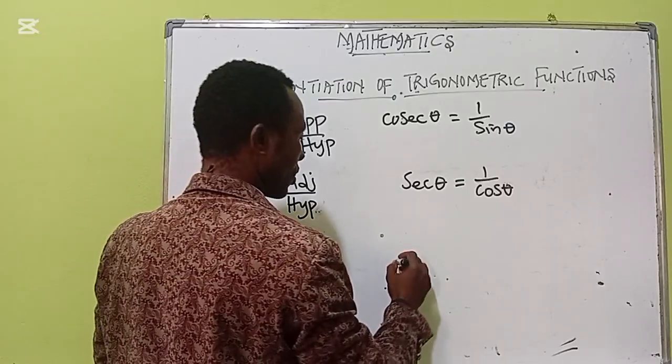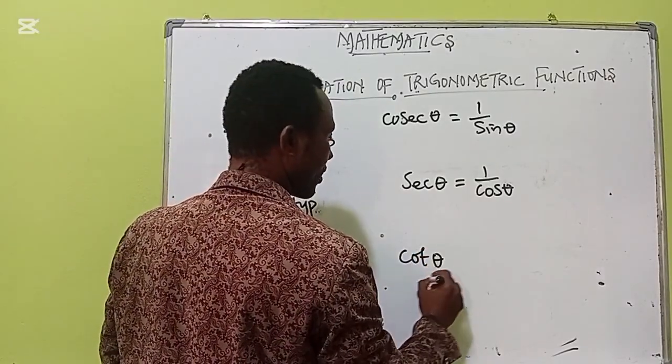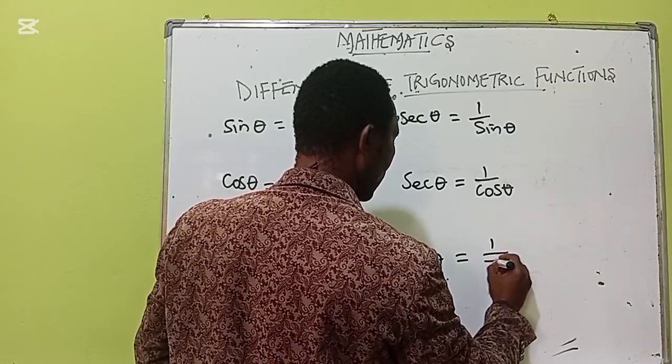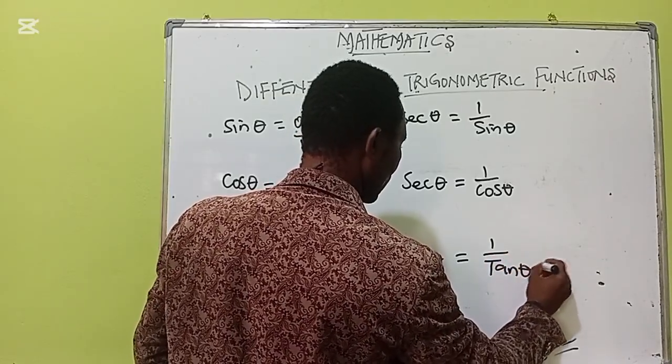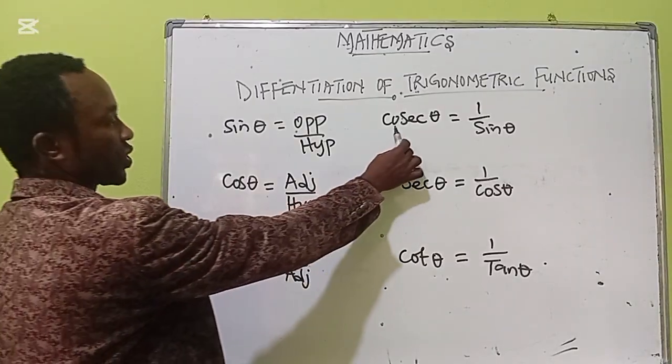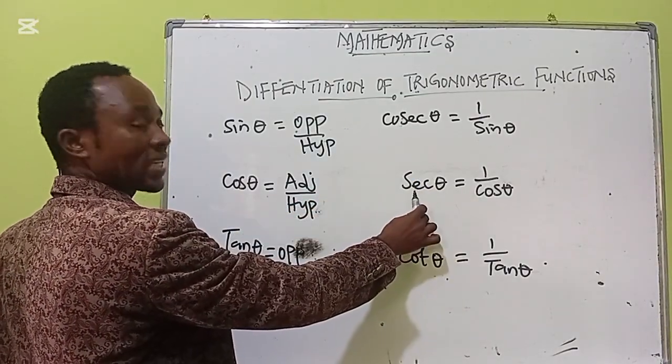Then the last is cot. Cot theta is equal to 1 over tan theta. Remember, cosec is cosecant. Sec is what?